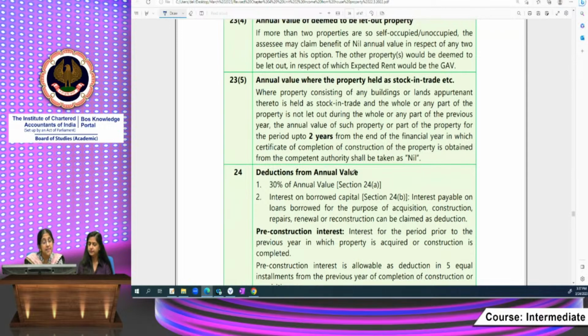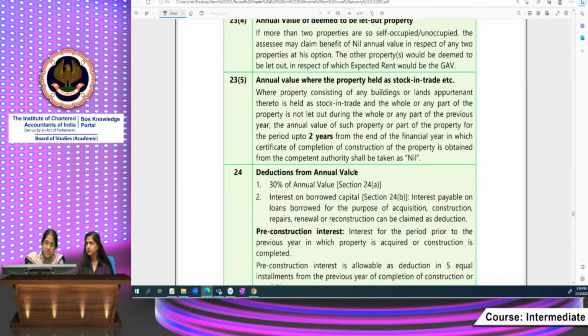So, what is the pre-construction interest? Is it up to June 2022? No, that is not the pre-construction interest. Though the construction is completed in June 2022, that particular year, 2022-23 interest, I can claim in full.